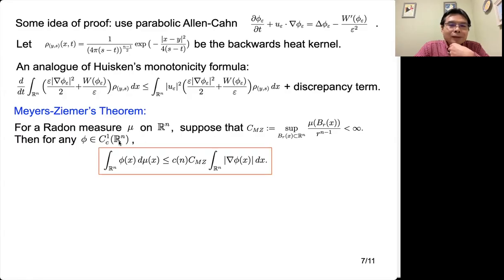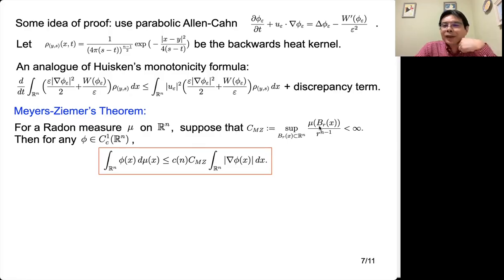It is the following fact: if you have a Radon measure mu on R^n, and assume that mu has this bound, that if you look at the ball of radius r, measure how much mass you have there, and divide by r to the n minus 1, and you move around this ball, suppose that this is bounded.